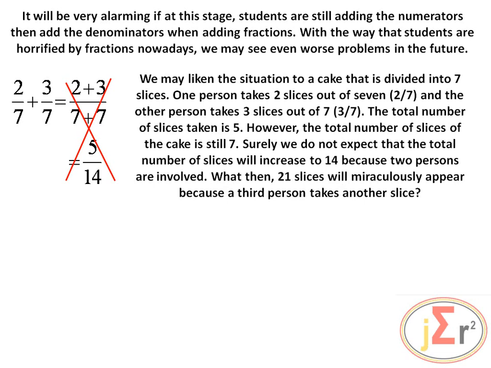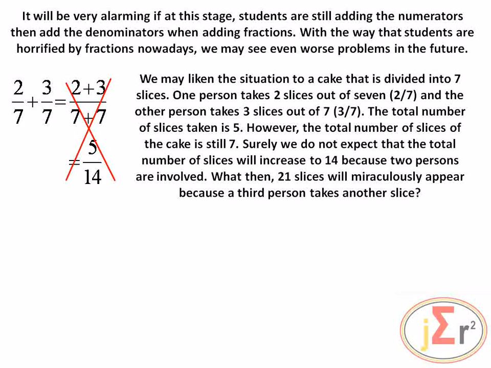Surely we do not expect that the total number of slices will increase to 14 because 2 persons are involved. What then? 21 slices will miraculously appear because a third person takes another slice? That is absurd. We do not imagine that such a case will happen.